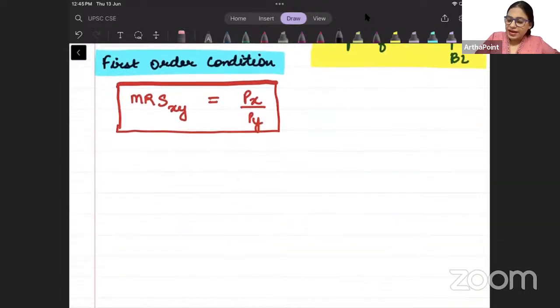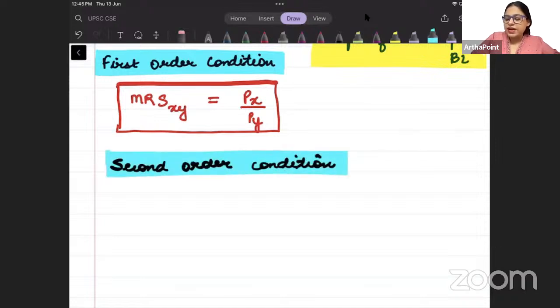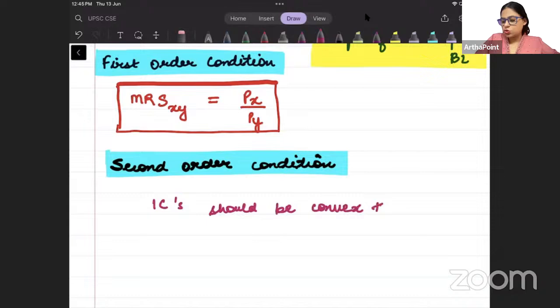Now, additionally, we have a second order condition. The second order condition requires that my indifference curves should be convex to the origin.